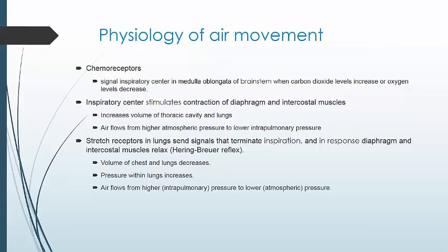So air is going to come in because it's going to diffuse from higher atmospheric pressure to slightly lower intrapulmonary pressure. Air moves in, and then air is going to stop moving in when the intrapulmonary pressure is approximately equal to the atmospheric pressure again, which is going to complete your inspiratory cycle.